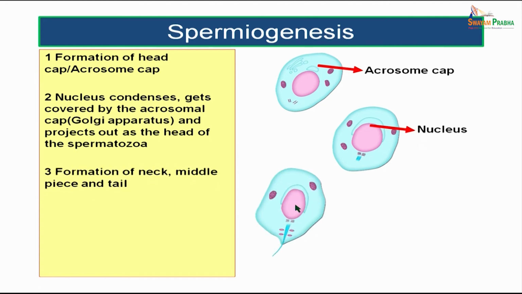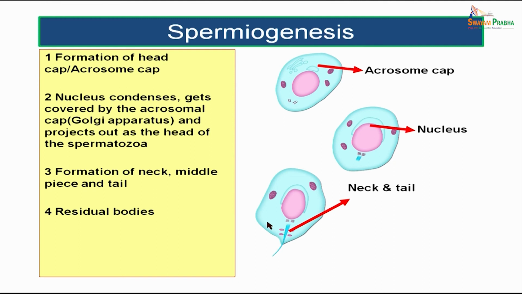Now, the rest of the parts of the sperm, that is the formation of neck, middle piece and tail, will be formed simultaneously. As these are formed, part of the cytoplasm will be pinched off, because during fertilization the main amount of cytoplasm comes from the maternal side.